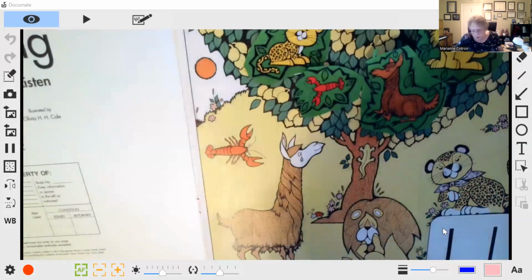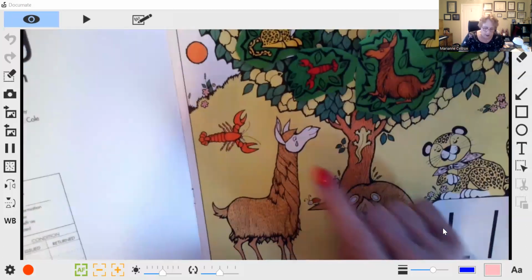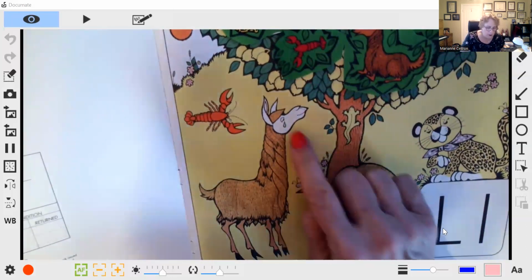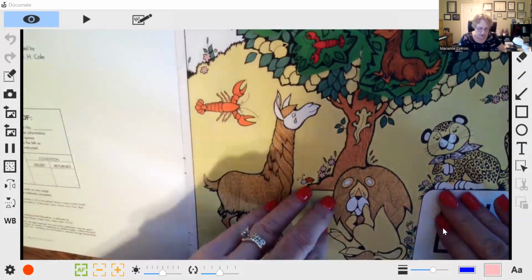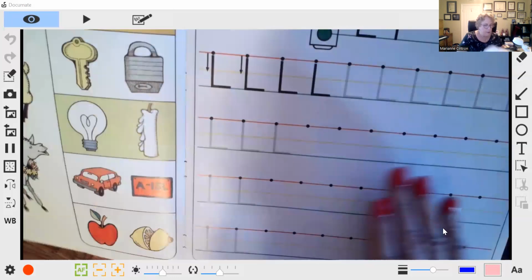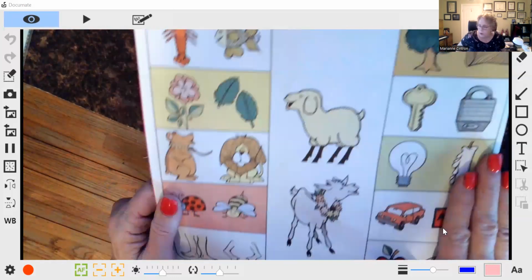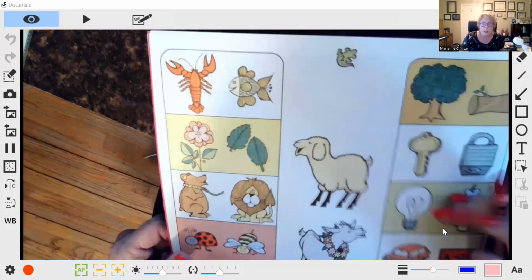Now, what I want to point out, you see the tears? We're going to talk about sad or happy. The tears mean something is sad. Turn the page, and we're going to circle the picture that starts with /l/ like lion.